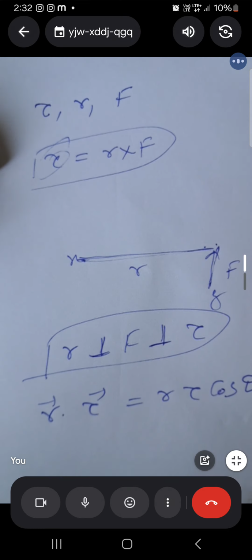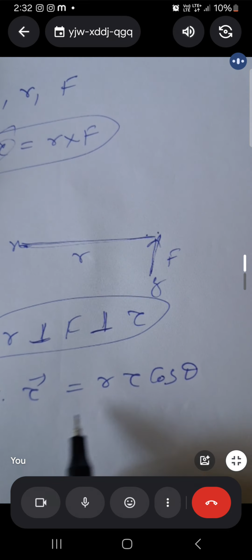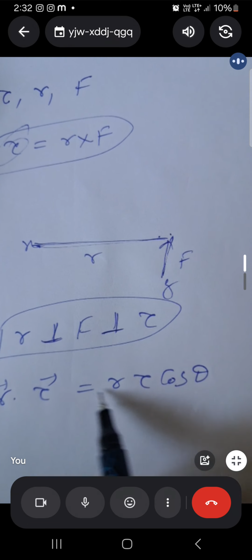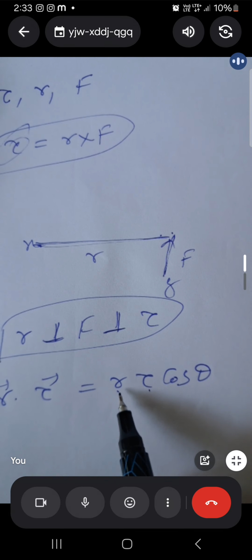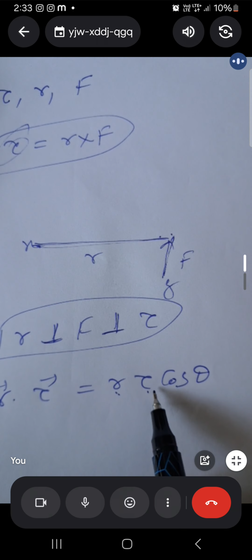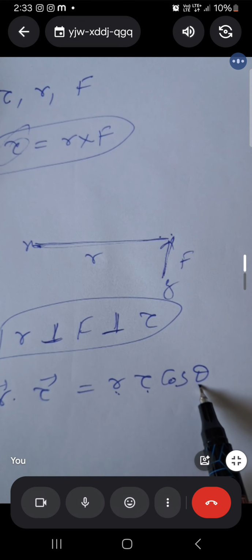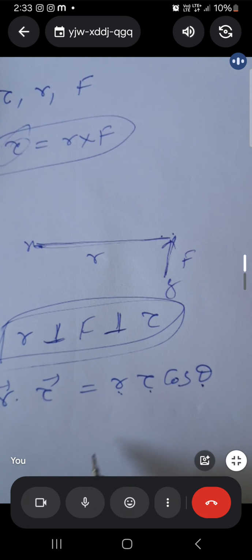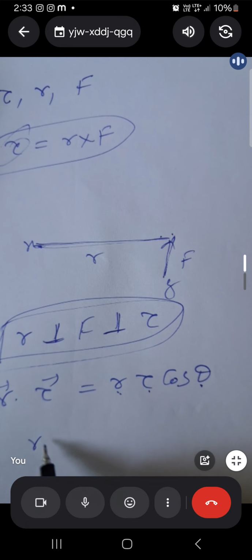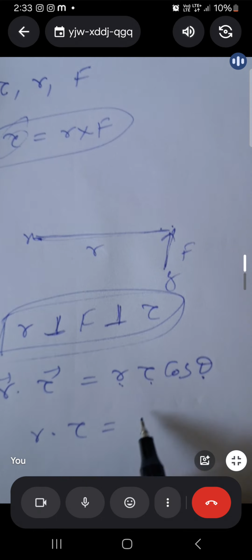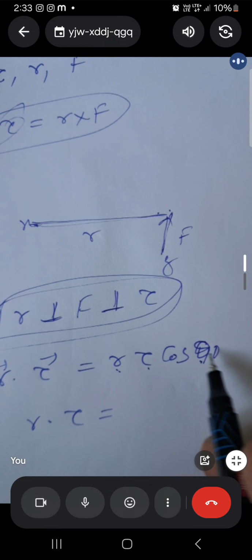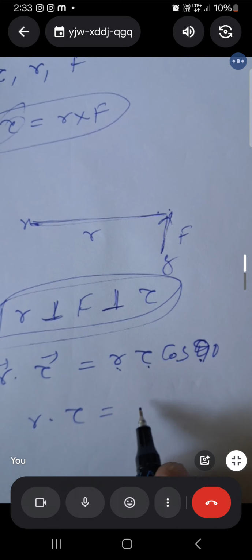Because the radius and the torque are perpendicular, theta equals 90. These three are perpendicular to each other. Cos 90 becomes 0, so r dot tau is 0.